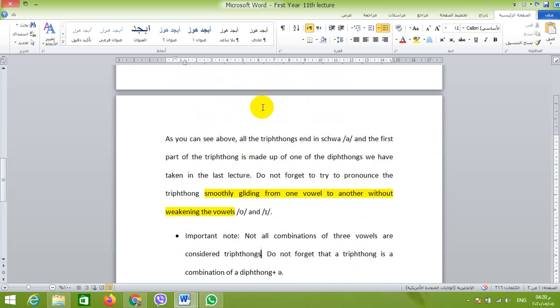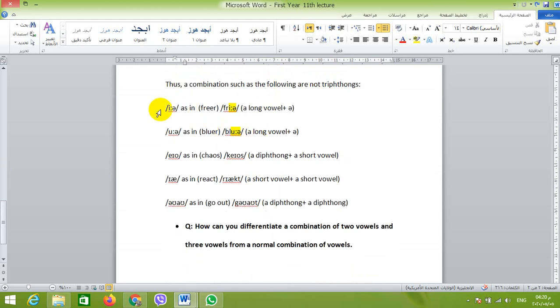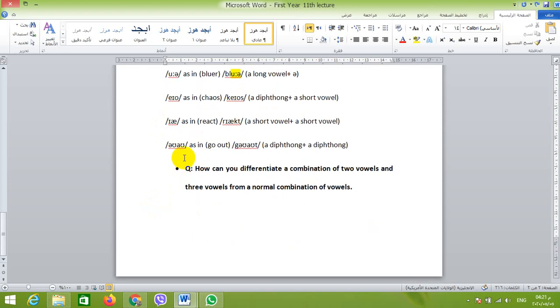Okay? But when we talk about examples like this, no. The combination of vowels here is considered two different vowels, and there should be a dot here, and this should belong to a syllable, and the schwa should belong to another syllable. The same is true for this. The same is true for this.